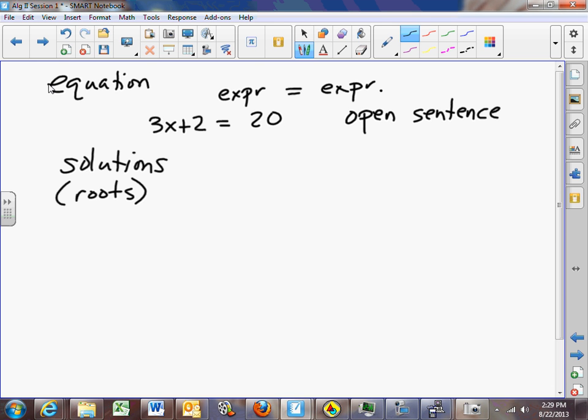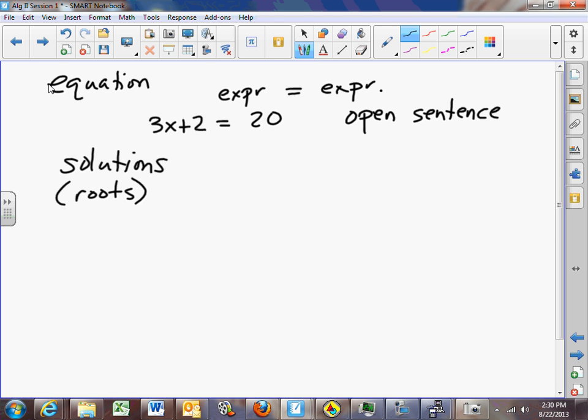A lot of times roots is the term used for polynomial equations of higher degree than 1, but we'll talk about that later.